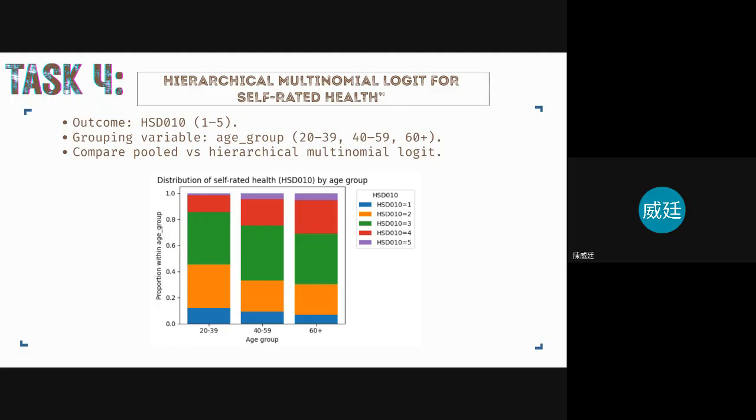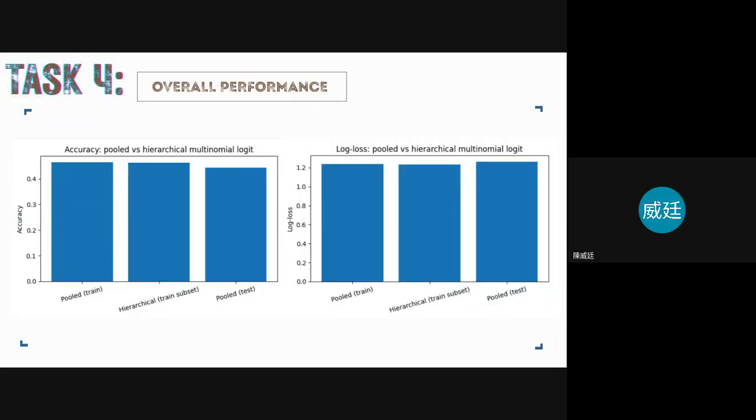So this plot already tells us age has a strong effect on self-rated health, which is exactly why a hierarchical model that respects the age group structure makes sense. Next, we will see the overall predictive performance. The left panel shows the accuracy. The right panel shows the log loss.